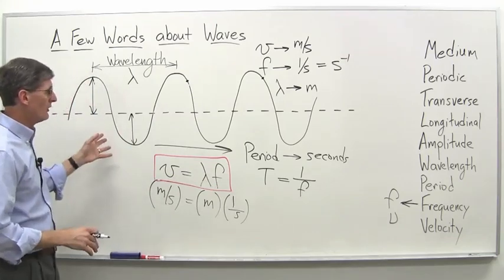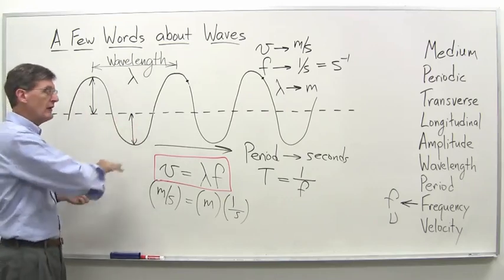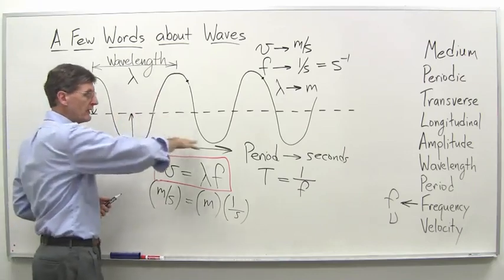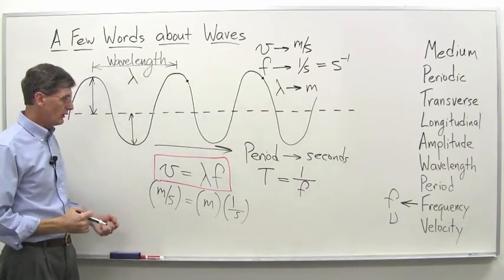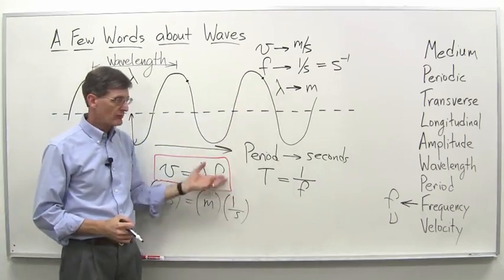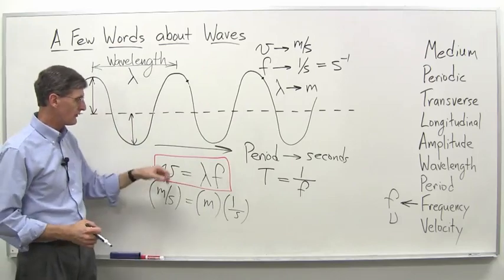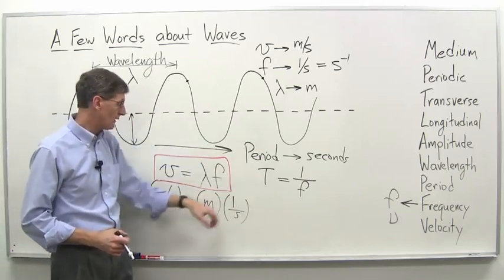A few words about waves: what wavelength is, the whole concept of a wave as a pattern, a disturbance propagating through a medium, and water is a classic example. And then some of these simple relationships between velocity, wavelength, and frequency. And of course, we could put period in here as well.